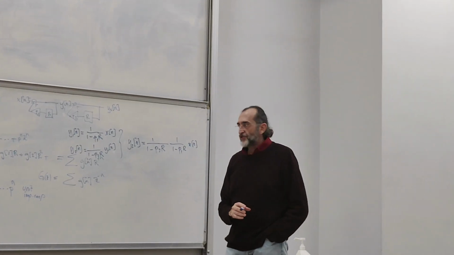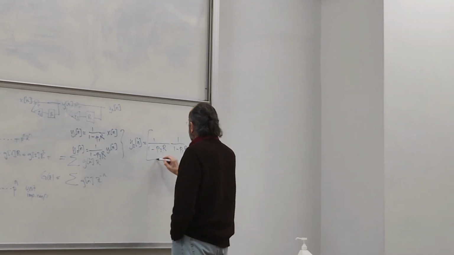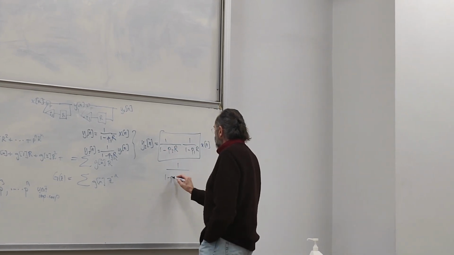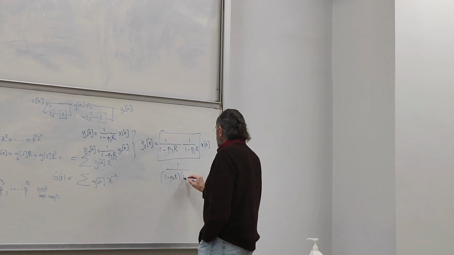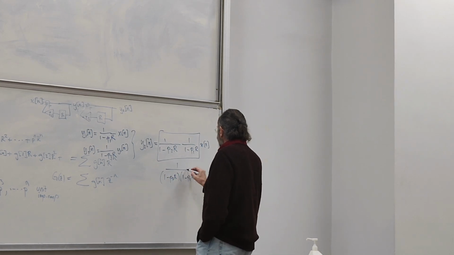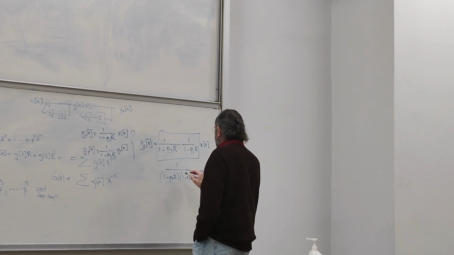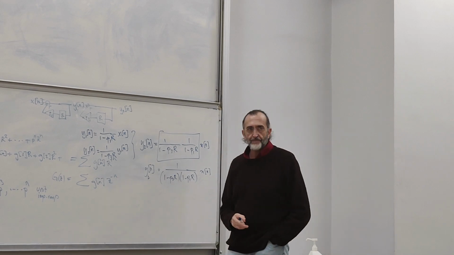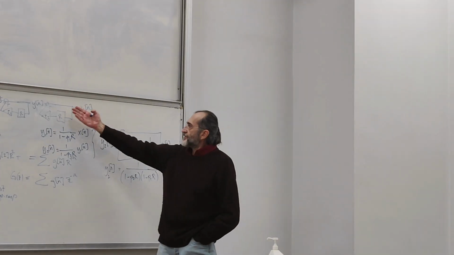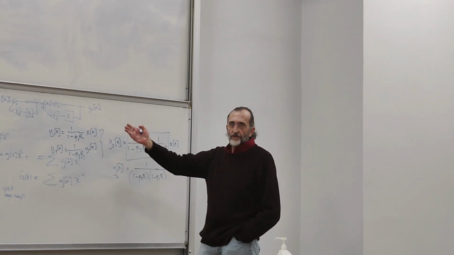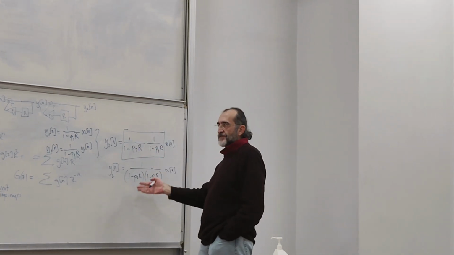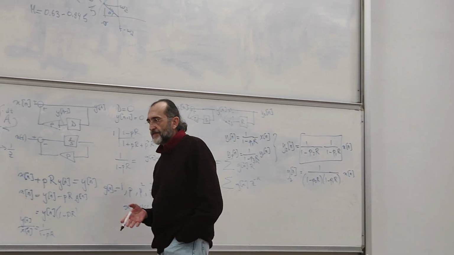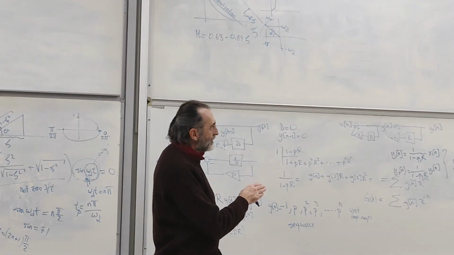So my transfer function turns out to be 1 over (1 minus p2R) times (1 minus p1R). So the more systems I add next to each other, the higher my system order becomes. Of course, we're not going to do third order systems or anything like that in this class, so we're going to be left with this.